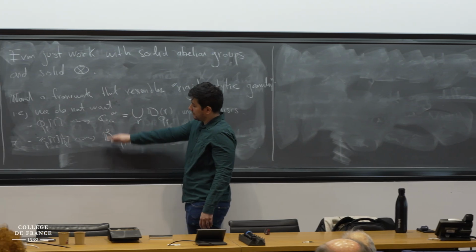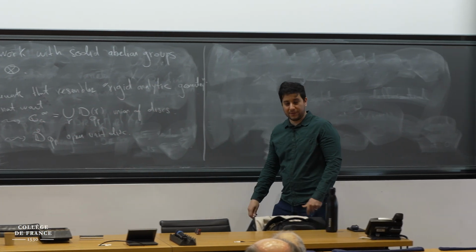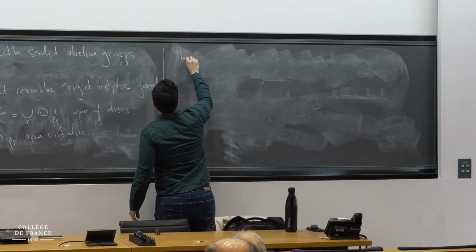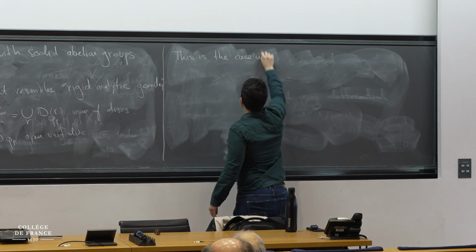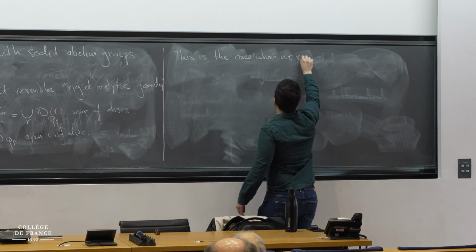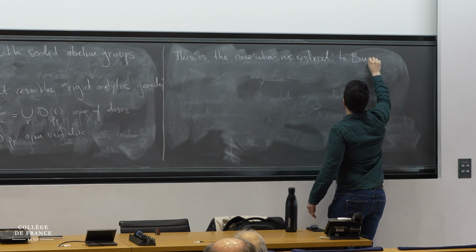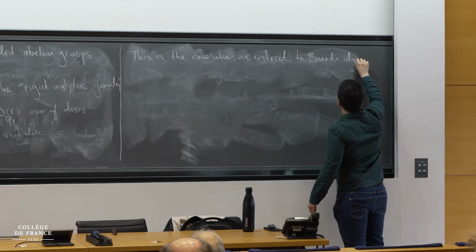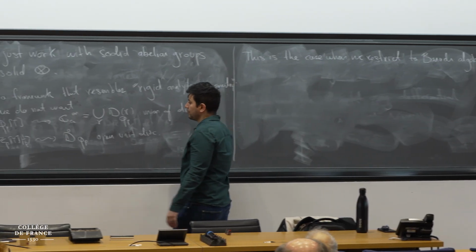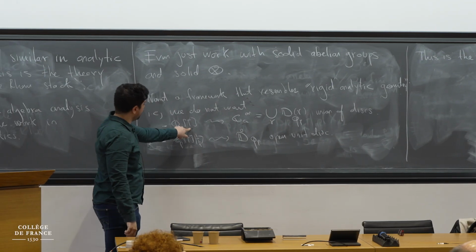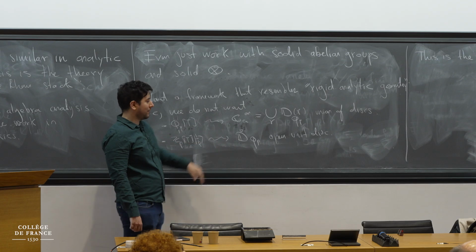So for instance, we know that these two spaces behave like the analytic affine line and this open disk, at least when we restrict to Banach algebras. So this is the case. If you take a Banach algebra and you evaluate it on this polynomial algebra, this just gives you the underlying algebra, and this is the same as the points of this analytic affine line, kind of by definition.